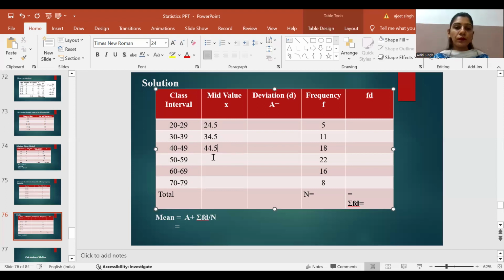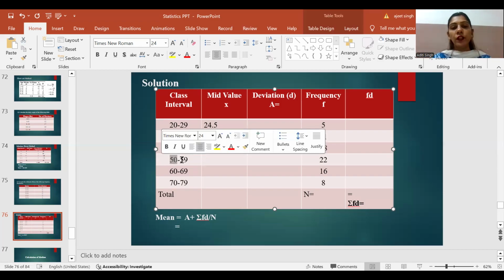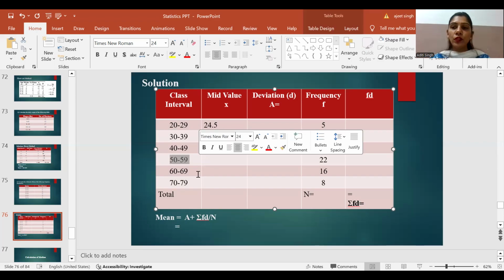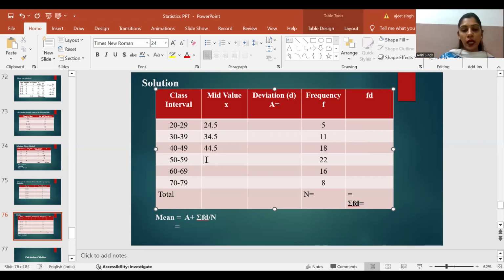Now, next one is 50 and 59. Lower limit is 50, upper limit is 59. 50 plus 59 means 109 divided by 2. So the answer is 54.5. This is how we calculate.